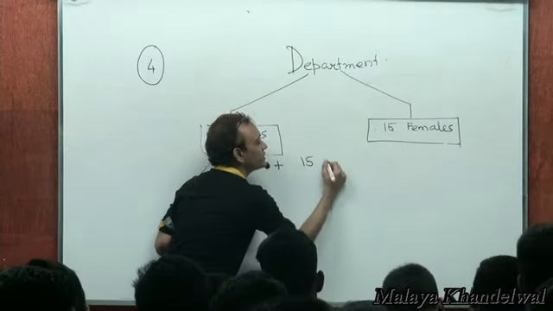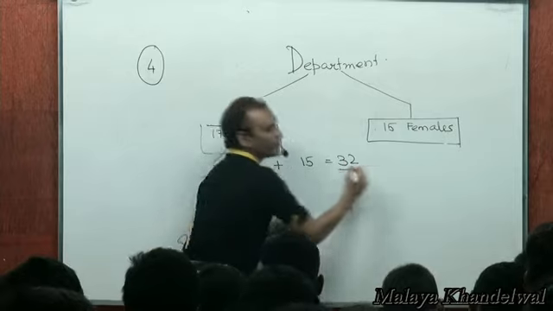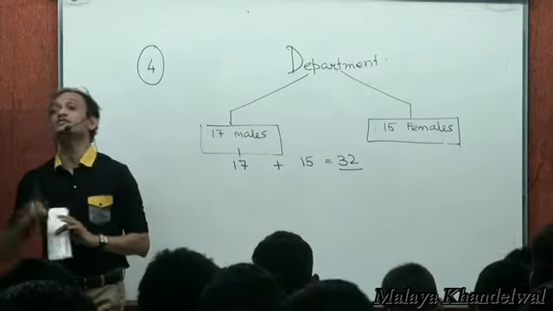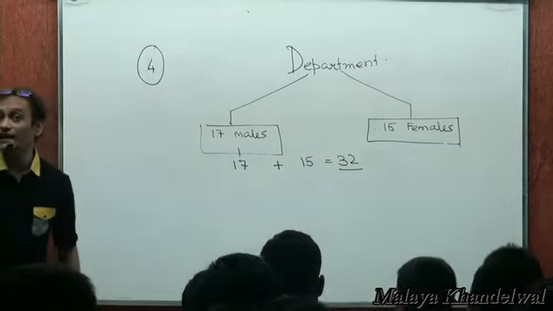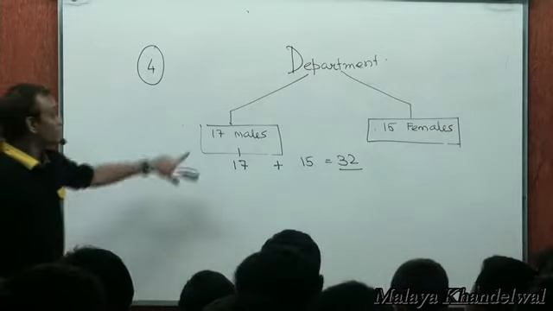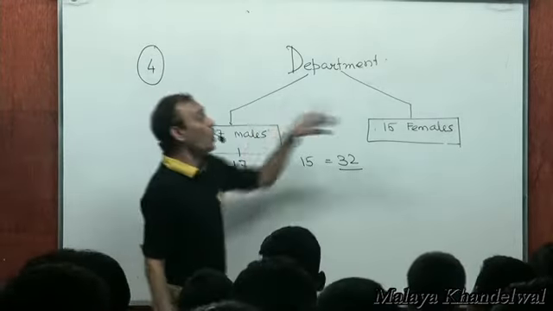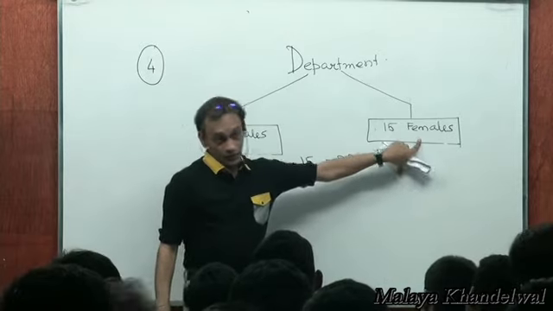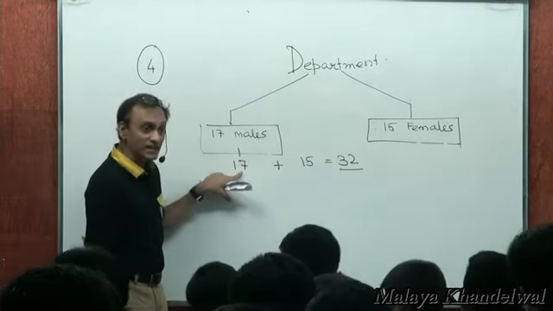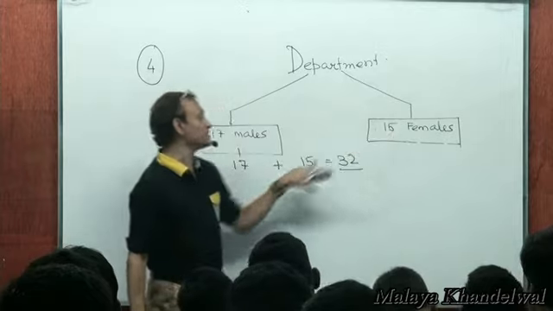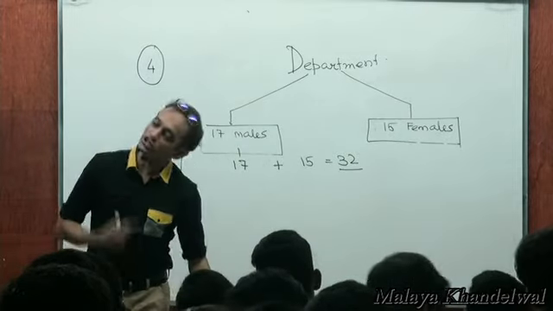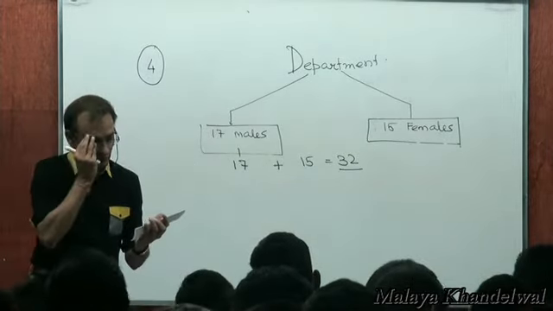So that makes it 32 ways in all. One from here could be selected in 17 ways, one from there in 15 ways. That makes it 32 in all, right?